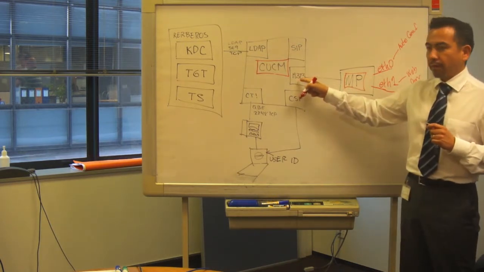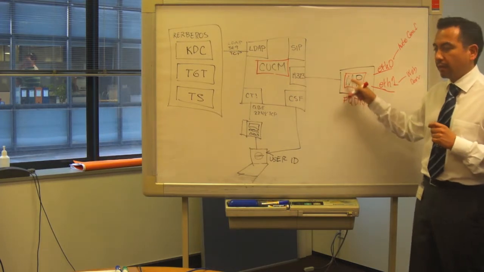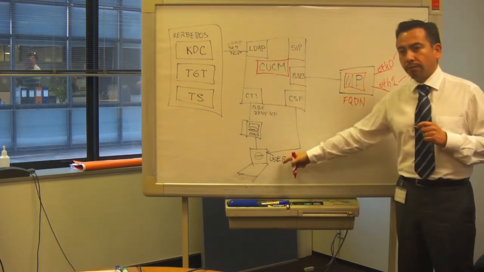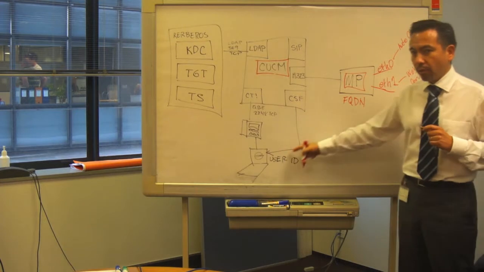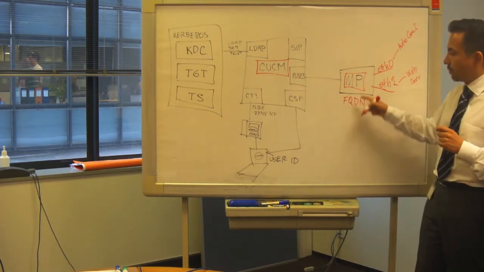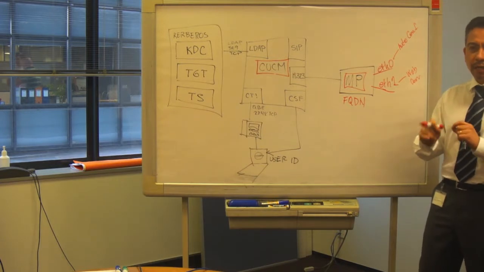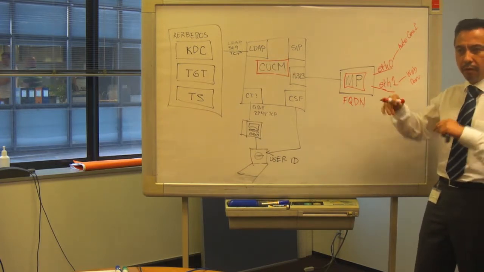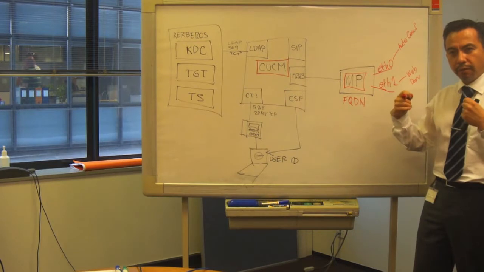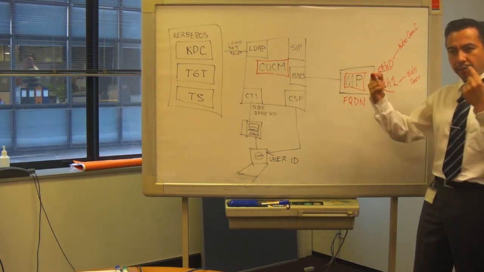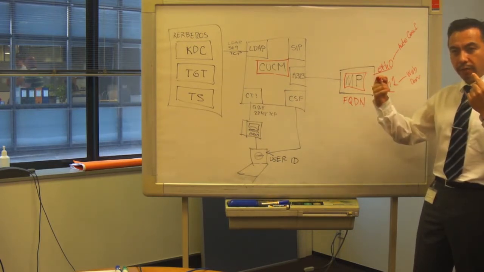Not for the H323, but for sharing a desktop. That's why, like with WebEx, we go to http.webex.com, and then from there enter user ID and password, and then I set up this conference meeting.